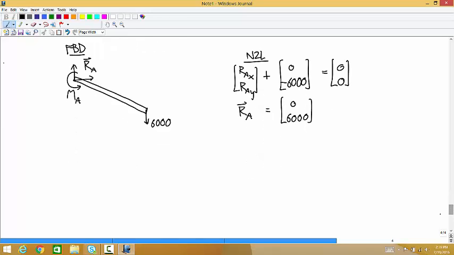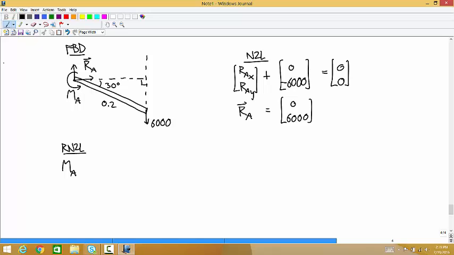And then the moment equation says MA, and then what's the moment produced here? Well, you could write out the pancake table for this and calculate that all with vectors, or you could just do it with the trigonometry. This angle's 30 degrees. This length is 0.2.